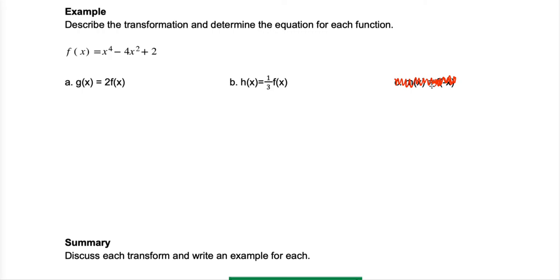Okay. What does that tell us to do? 2 times what f of x is. Okay. So it's 2 times f of x. I would accept that. Otherwise, it means twice as tall.